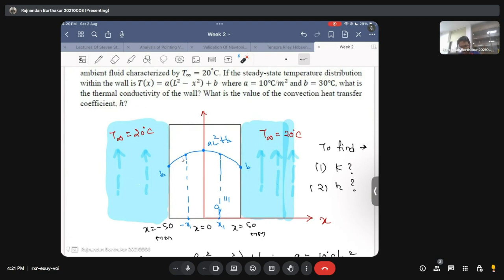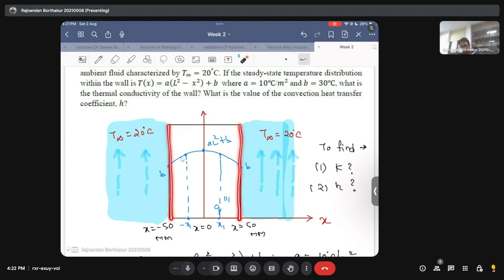Okay, but now all this has to do with the temperature distribution inside this particular slab. But if you ask me what will be the heat transfer coefficient of this fluid, I need to know what precisely happens at the interface of this slab and the fluid, typically at these two edges.